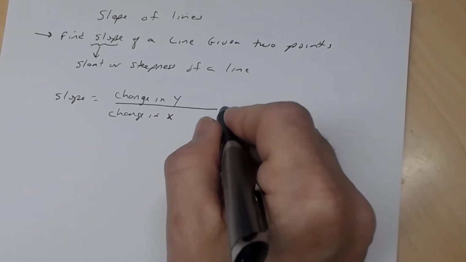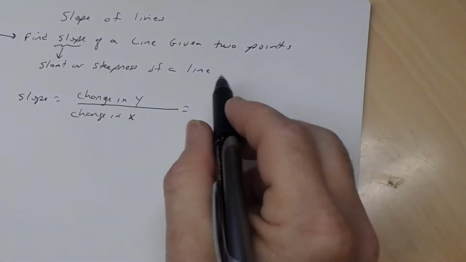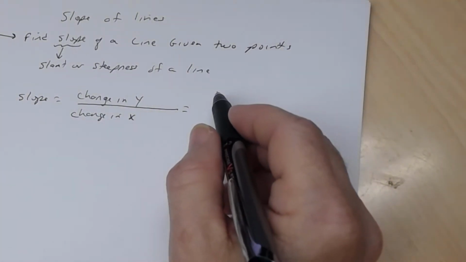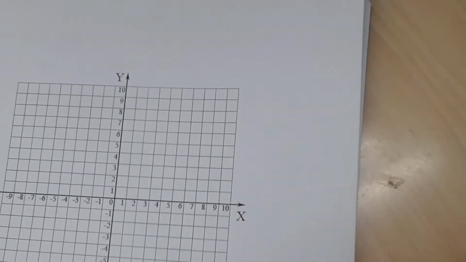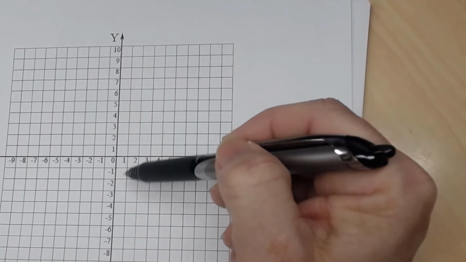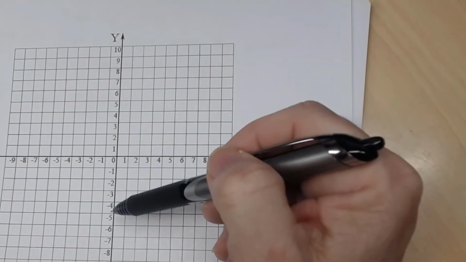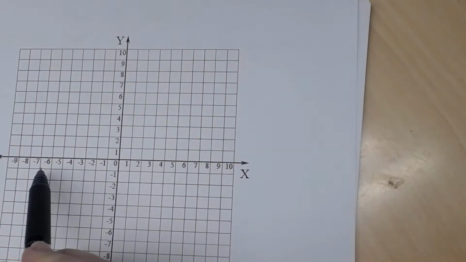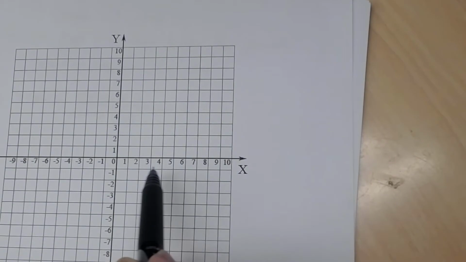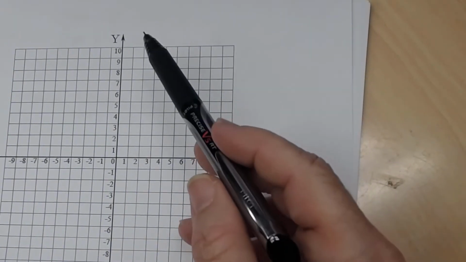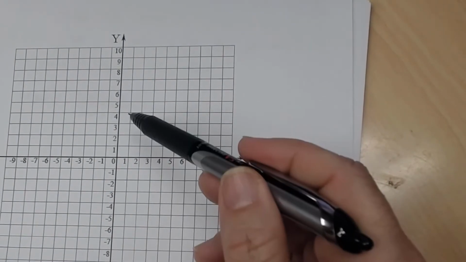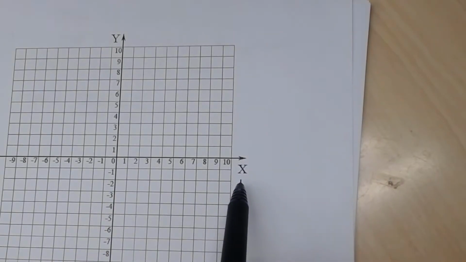Now, another way we can say that is this. When you look at the y-axis, the y-axis is the vertical axis. The x-axis is horizontal.